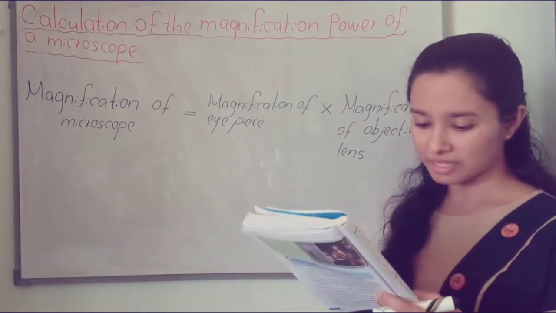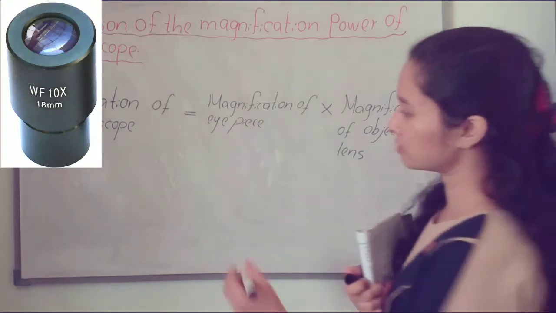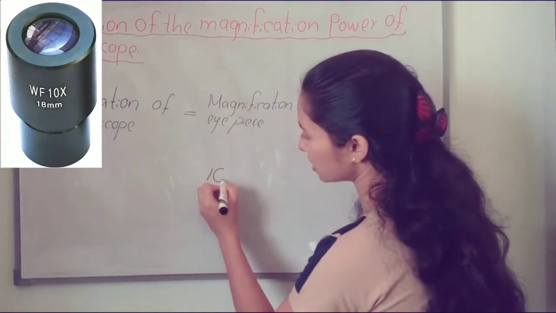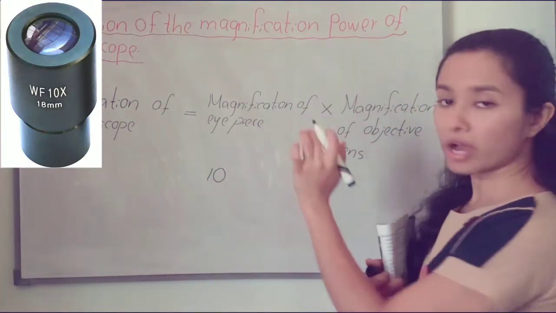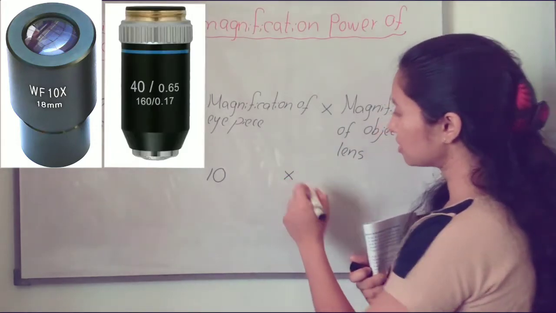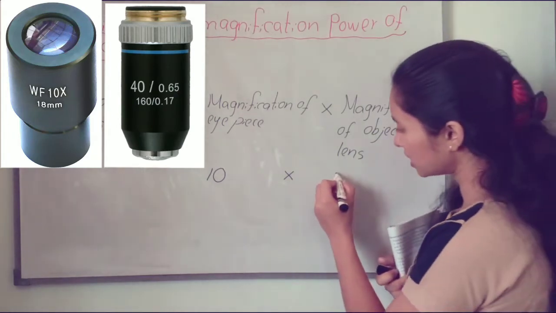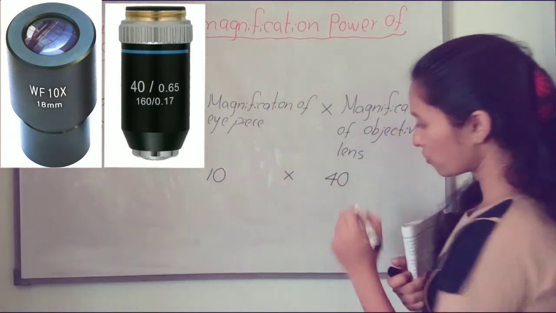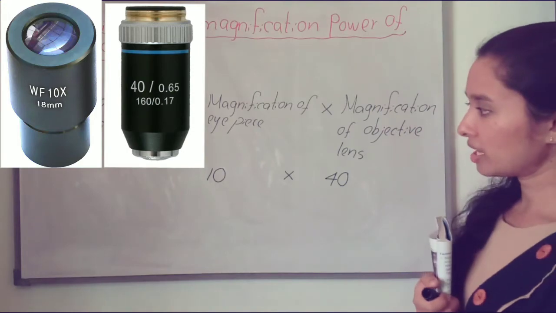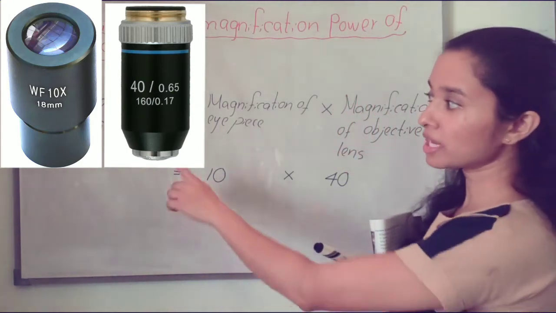Suppose the magnification of the eyepiece is mentioned as 10 times, and the magnification of the objective lens is mentioned as 40 times. Then how can we find the magnification of the microscope?